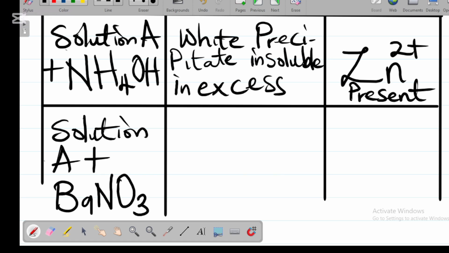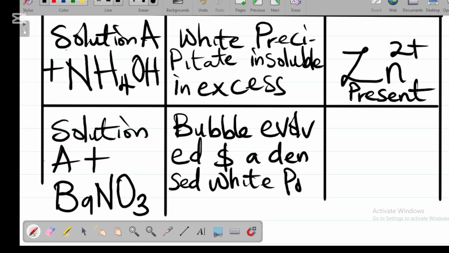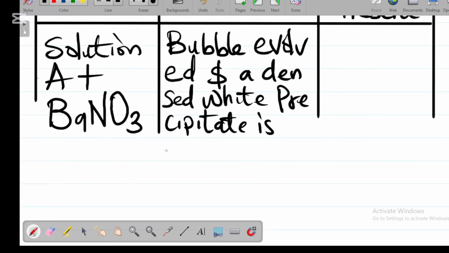Your observation, if you dilute solution A with barium nitrate, it will give you bubbles evolved, and a dense white precipitate is formed.